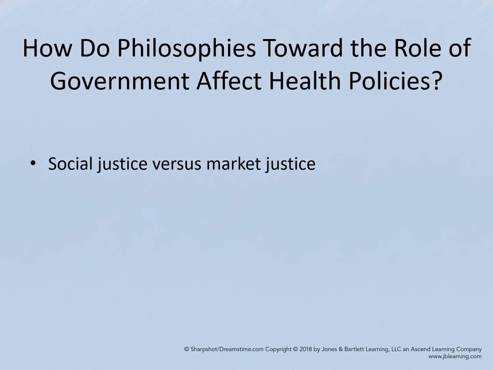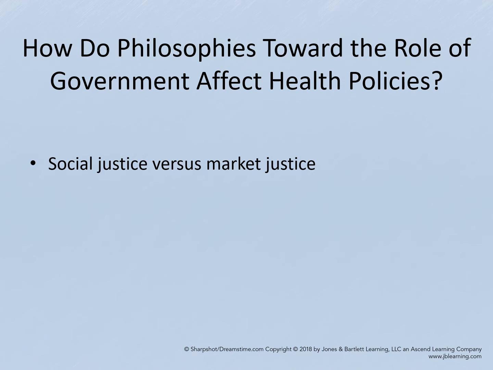Now let's look at how philosophies towards the role of the government affect health policies. One of the fundamental differences within our society is the attitude about the role that government should play in advancing health. In order to appreciate this issue, we look at two contrasting philosophies regarding the government's role in healthcare and public health. One is known as social justice, the other as market justice.